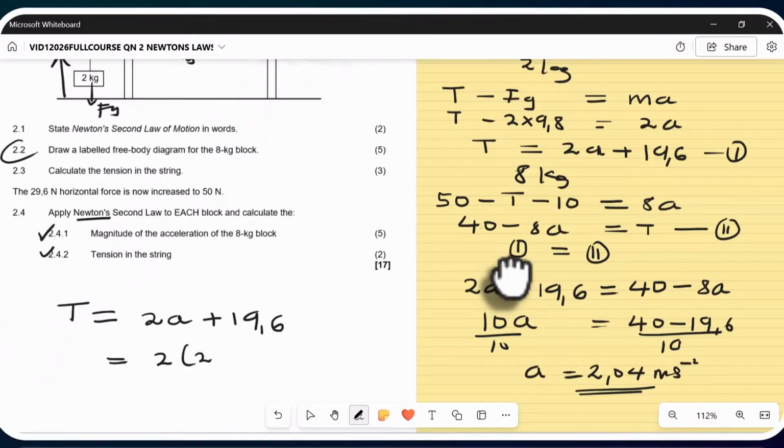Which answer do we get here now? Calculators. That is 2 times 2,04 plus 19,6, it gives me 23,68 newtons. Right, that was question 2.4.1. Thank you.